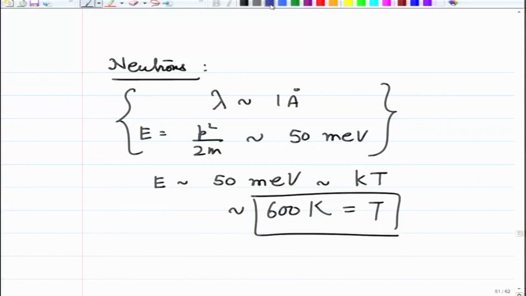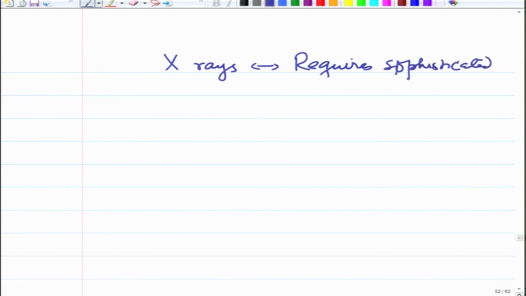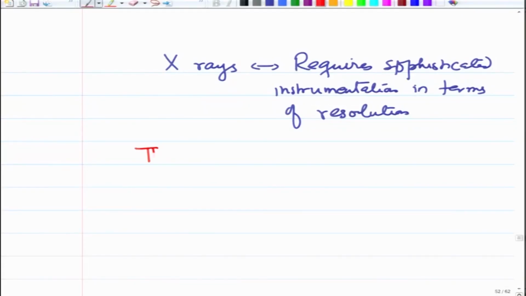So, what we learn in this is I can use X-rays, which requires sophisticated instrumentation in terms of resolution, because out of 1000 eV I got to detect a change of meV, milli electron volts, and I can use thermal neutrons.